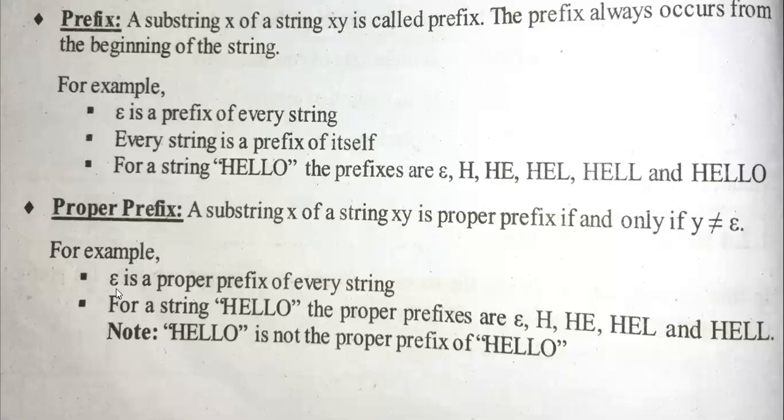Now, for example, epsilon is a proper prefix of every string. Yes, obviously it is. Epsilon is common in each and every topic we discuss under strings. Then for a string hello, the proper prefixes are, observe it carefully: when we discussed substrings and proper substrings, hello is a substring of hello itself, but it is not a proper substring of itself.